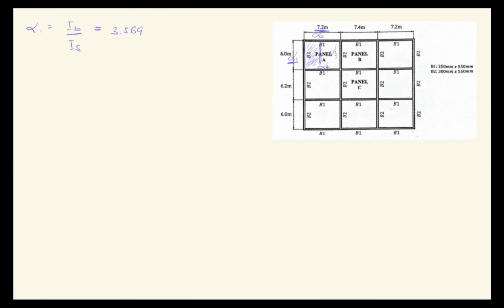Now, solving for alpha 2, we have to consider this cross section. We have in here B1 with a cross section of 250 by 550. So this is 550 and 250. As to the value of x, x is 550 minus 175. Of course, this is 175 mm.